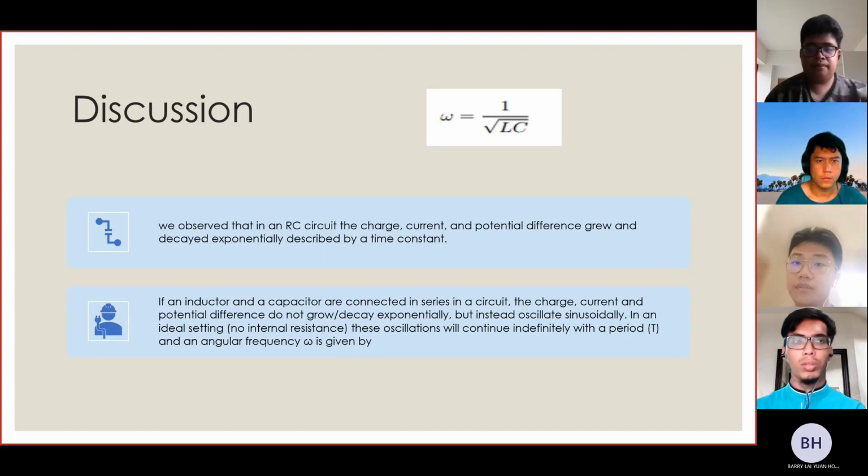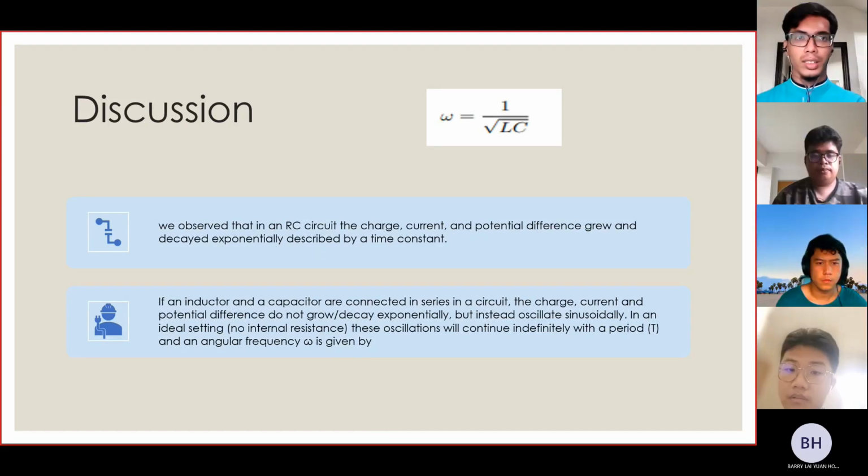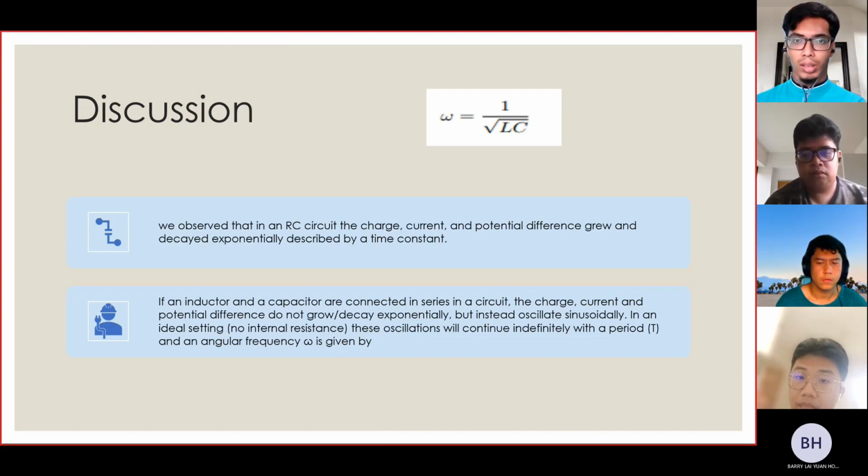Okay, so far we observe that in an RC circuit, the charge, current, and potential difference grow and decay exponentially, described by a time constant called tau. If an inductor and a capacitor are connected in series in a circuit, the charge, current, and potential difference do not grow or decay exponentially, but instead oscillate sinusoidally.